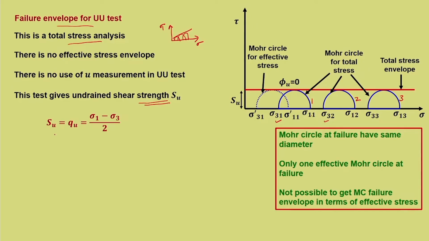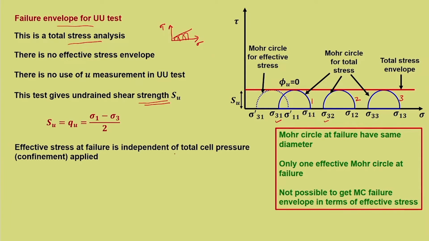So, here in general, it is better to use the terminology undrained shear strength, and which is represented by Su. And this Su is what you obtain from UU test, and which is used for specific design applications. So, Su is what? Su is equal to qu, which is equal to (sigma 1 minus sigma 3) by 2. So, we need to get the radius of the Mohr circle, and that is the Mohr failure envelope. So, (sigma 1 minus sigma 3) by 2.